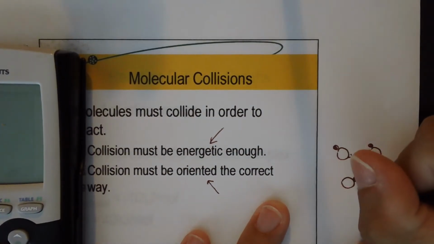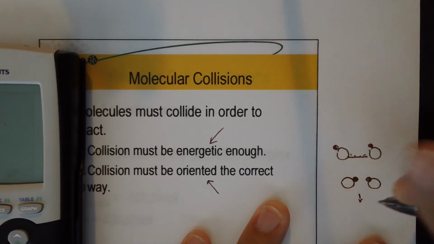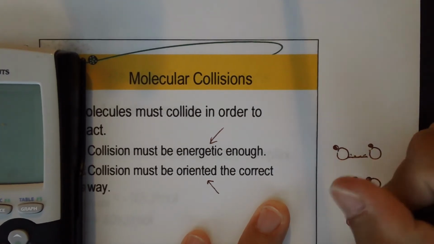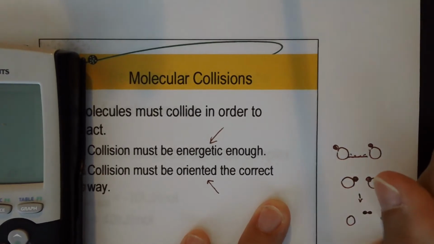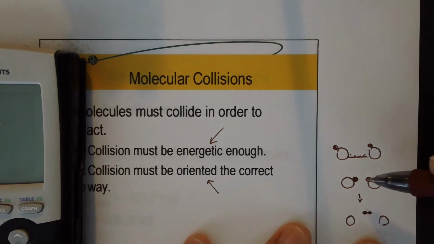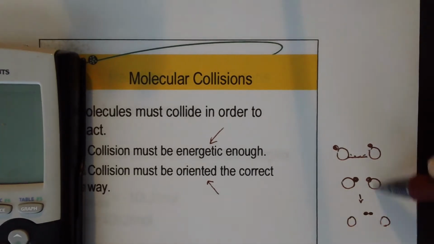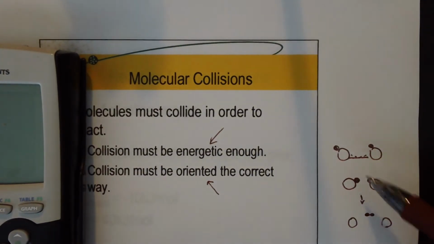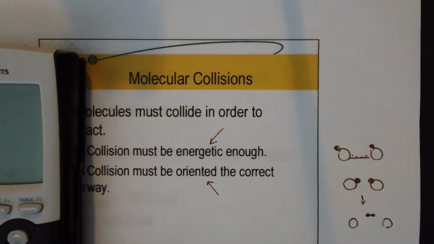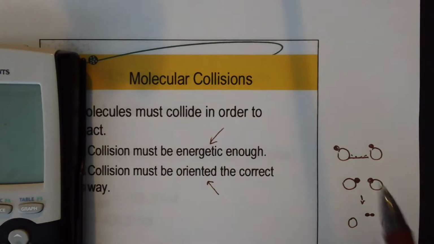Then the little dots end up bonding together and those two bigger atoms become independent. You could change their structure. That's what a chemical reaction is. But they have to be able to penetrate past each other's electron clouds to get that done. So: right orientation, right energy.